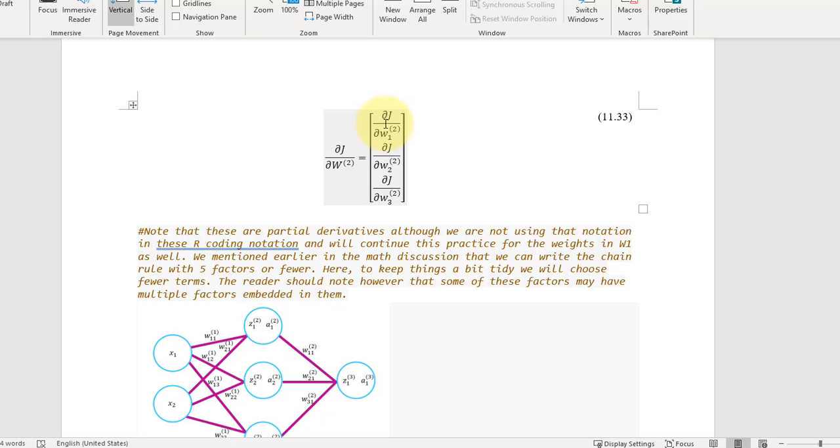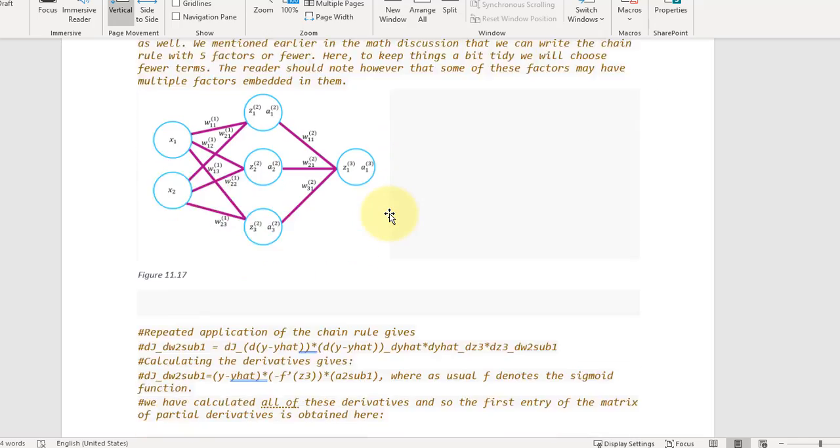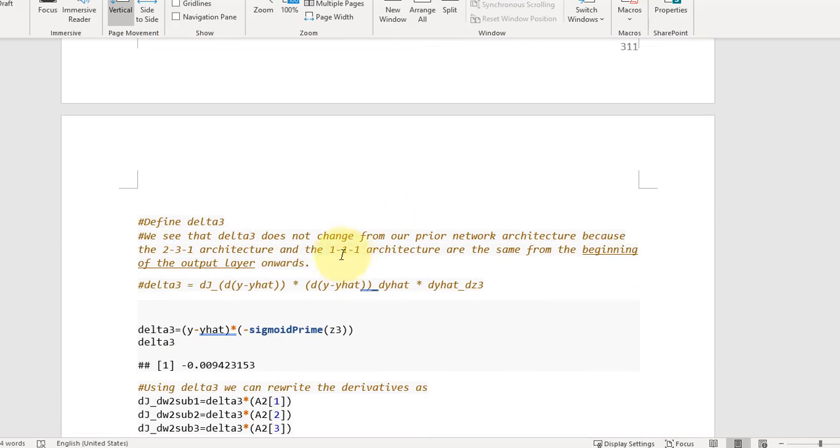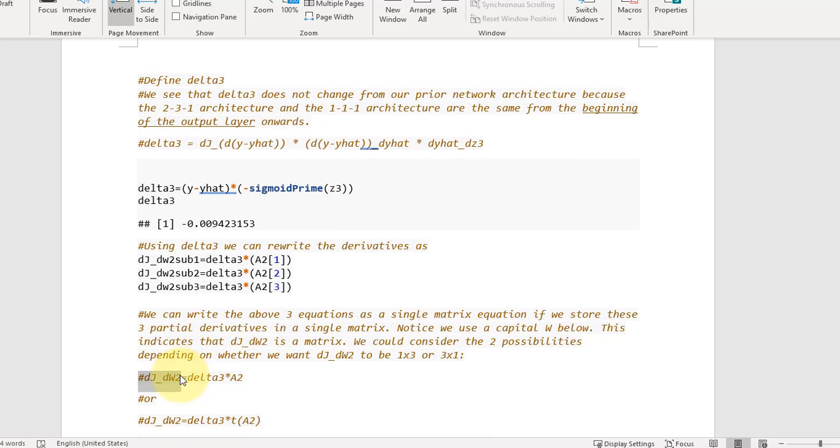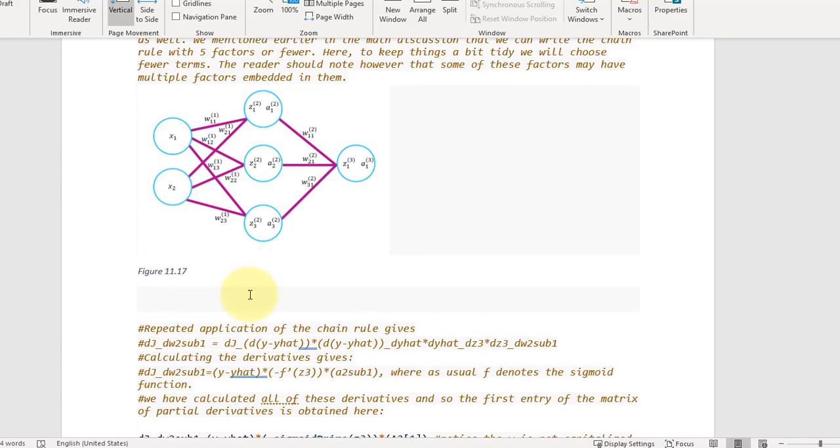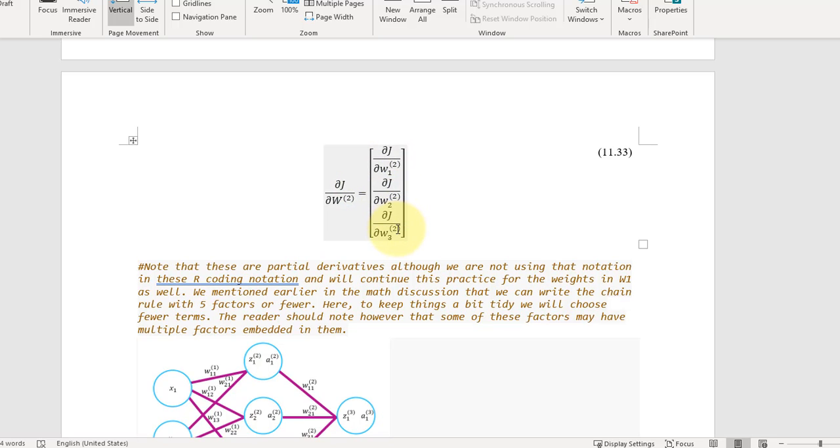Each one of these is basically the same, except one has the first element of A2 in it, the second element of A2 in it, and the third element of A2 in it. So we can just take A2, which is a matrix, and scalar multiply it by this delta 3. When you scalar multiply this times this matrix, of course you get a matrix, and that's just what we want here.